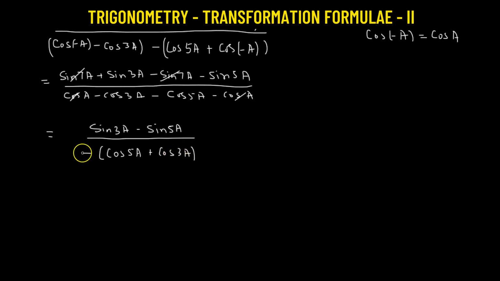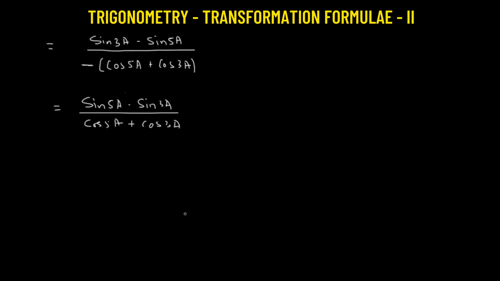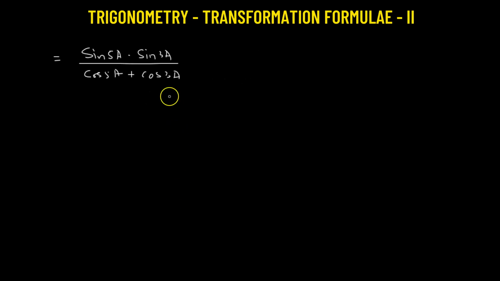What we can do is take this negative sign and multiply it with the numerator. That should give us sine of 5a minus sine of 3a divided by cosine of angle 5a plus cosine of angle 3a.